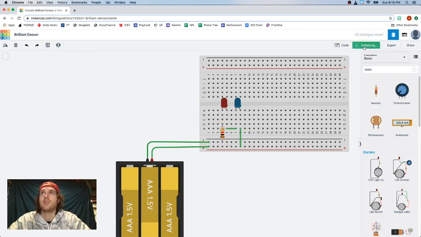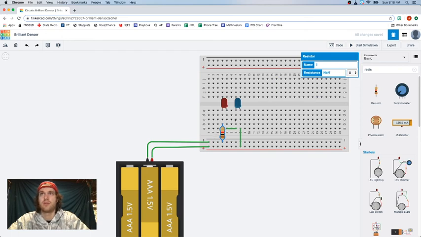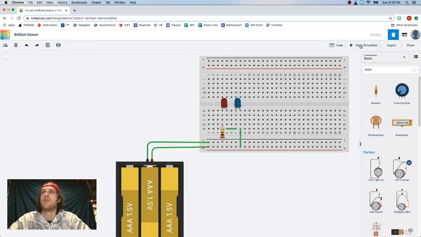Start simulation. They're barely on at all, and that's because I have too much resistance. So let's chalk that down. We probably don't need 300. Let's try 100 ohms and see what happens. Start simulation. Looks like they're operating pretty well. Okay, so brown, black, brown is what's working for us.